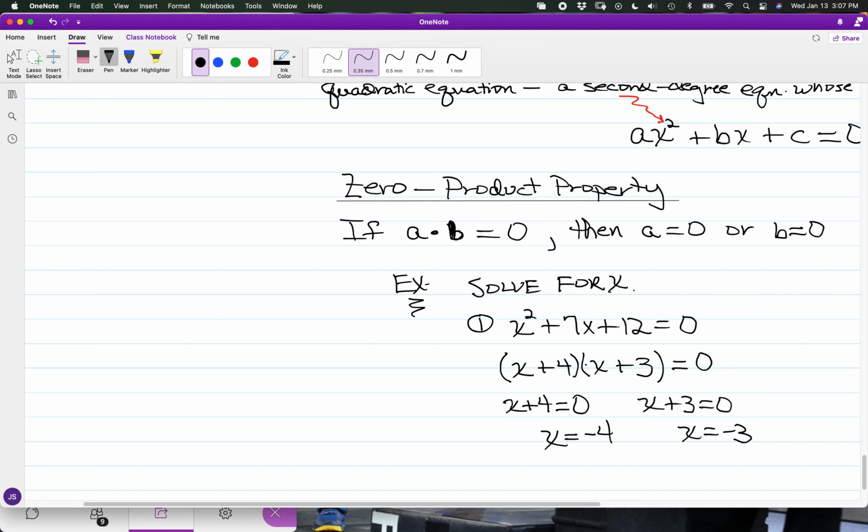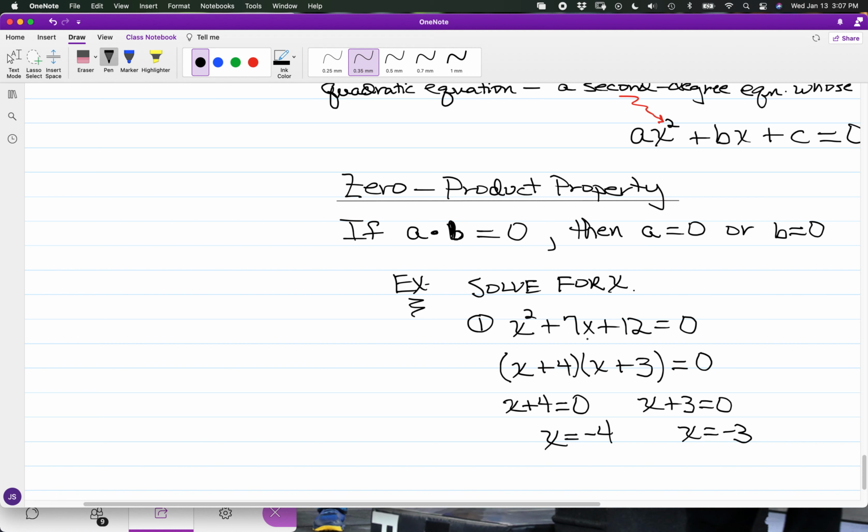We have negative 4. Now, if we have x at negative 4, squared is going to be a positive 16. 7 times negative 4 is a negative 28. So you got 16 plus negative 28 will be negative 12. Negative 12 plus 12 is 0. Now for negative 3, squared is 9.